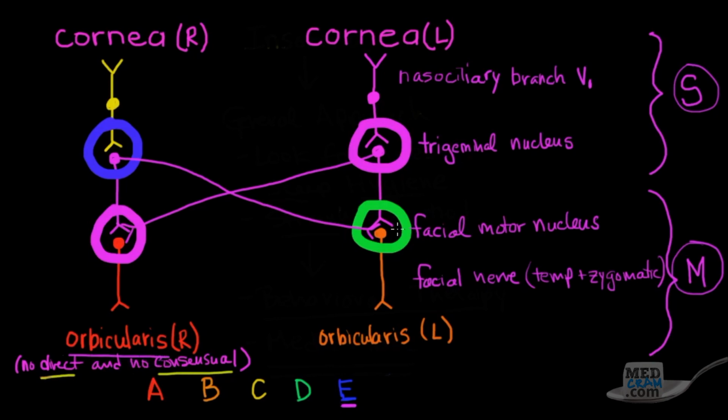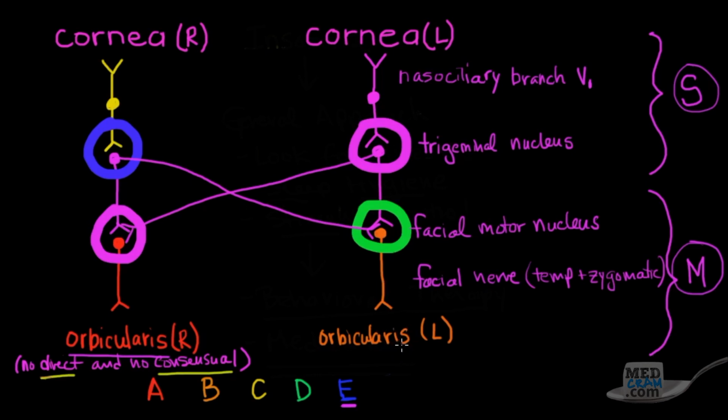Let's go to D. D's issue is that there is a lesion in the left facial motor nucleus. What would happen? If we stimulated the right cornea, things would go through beautifully on the right eye, but it would finally get over on the crossing contralateral interneuron, come to this one, and you would have nothing on the left-hand side.